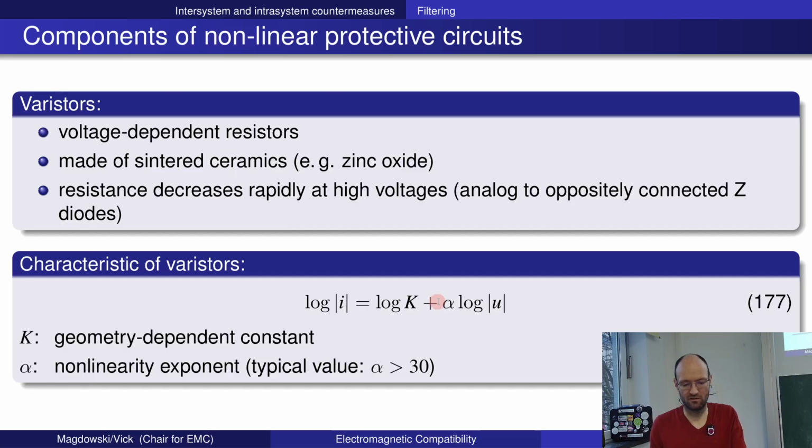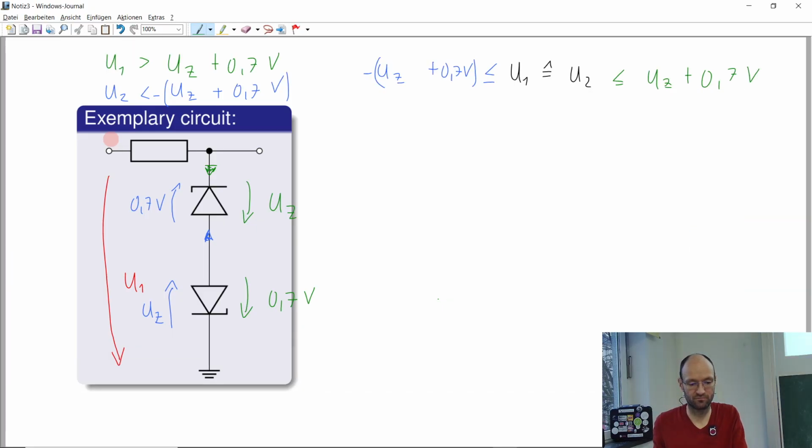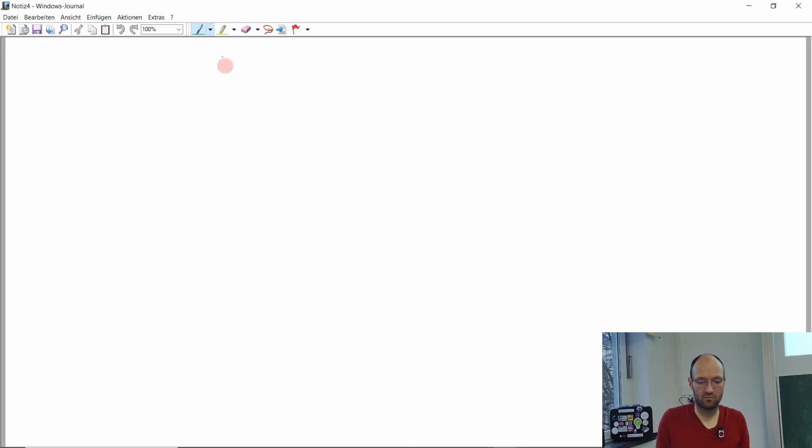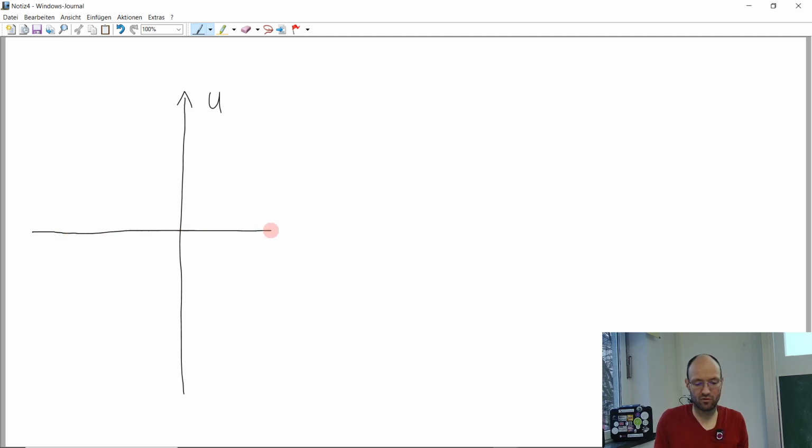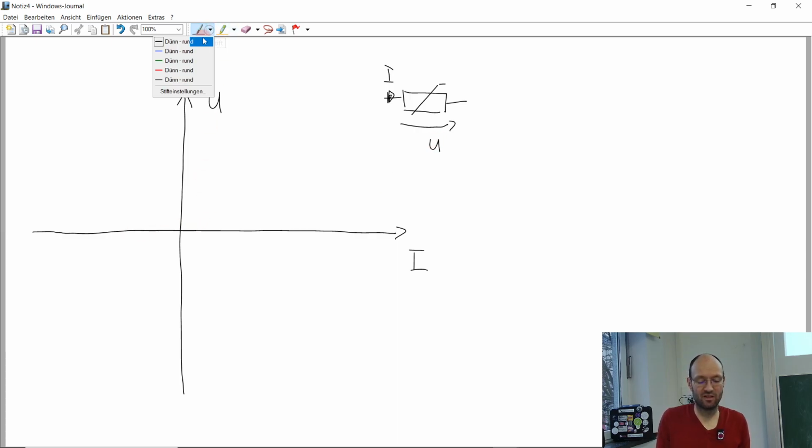But what happens at the end is, if I go back to the drawing program, if you would take a look at the characteristic curve of some varistor, so if this is the voltage axis, and this is the current axis, then the current voltage characteristic of some typical varistor, this is here the varistor symbol, this is voltage, this is current, looks like, as said, a little bit like for a diode.